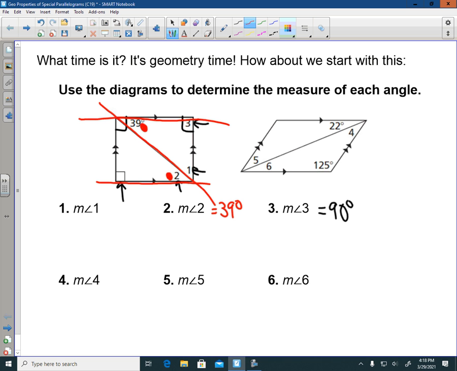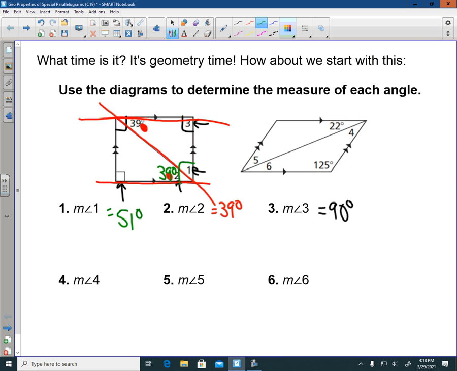Now the way we're going to get 1 is that since this angle that's marked 39, the whole thing is 90 degrees, then so is this one here. And if we know angle 2 is already 39 degrees, then all we have to do is subtract 39 from 90 to get the measure of angle 1, which is going to be 51 degrees. And that's done. Nothing but theorems here.